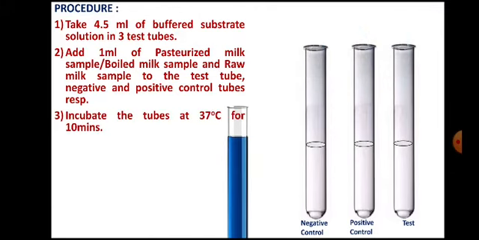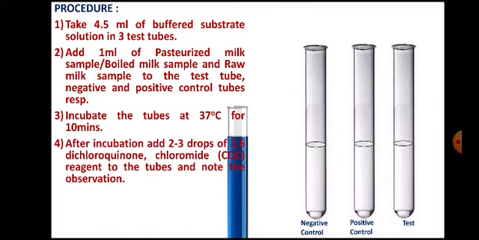Then the contents are mixed, and then these tubes are kept in a water bath which is adjusted at 37 degrees Celsius, and it is incubated for 10 minutes for the reactions to happen. After incubation, the next step is addition of 2-3 drops of CQC reagent.